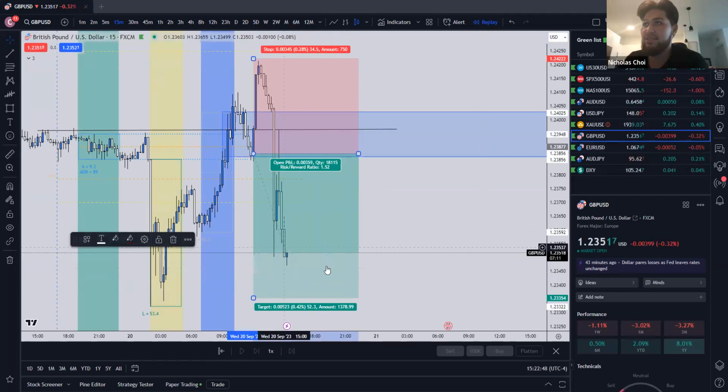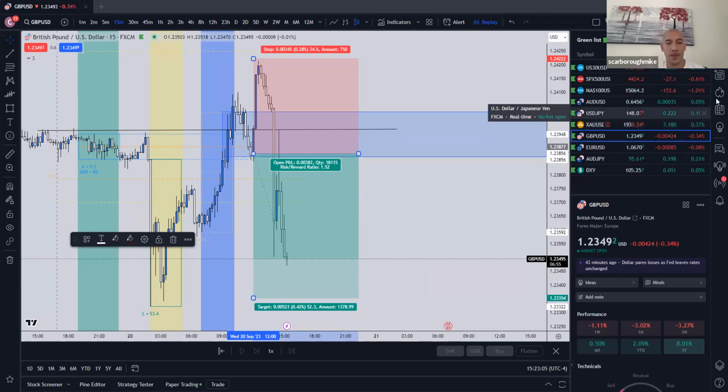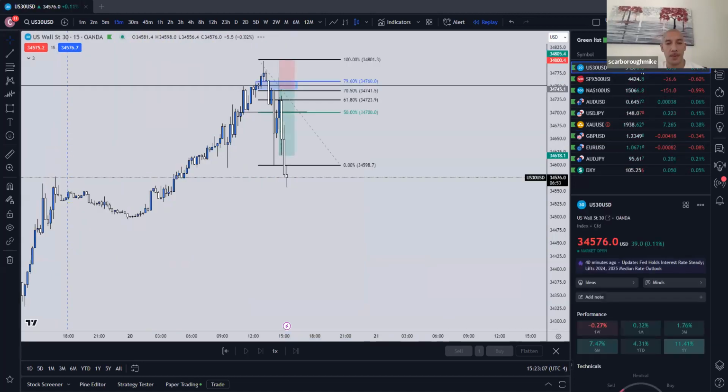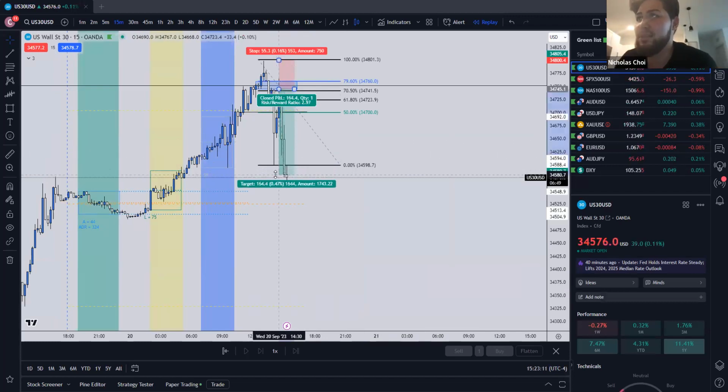So let's take a look at GU, almost at TP1. Gosh, if there was one thing I wish I would have taken, I'm not gonna lie, it was US 30.